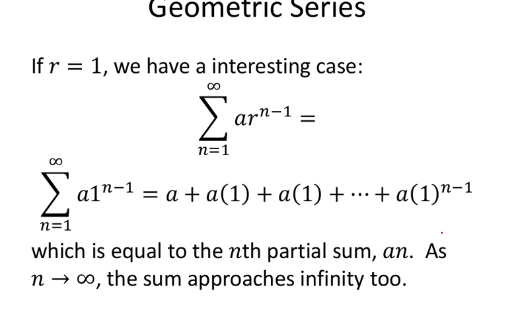What you end up with is this partial sum of a times n. As n approaches infinity, this summation will also approach infinity. So when r equals 1, this sum will diverge to infinity. It will go to an infinite value.